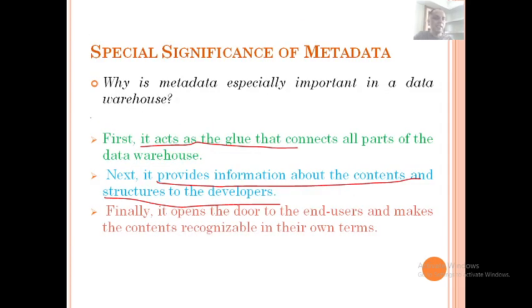Then finally, it opens the door for the end users to make the contents recognizable in their own terms. As I told before, you can search for any of the data from the data warehouse by your own words, your own keywords. I want to search for a laptop.